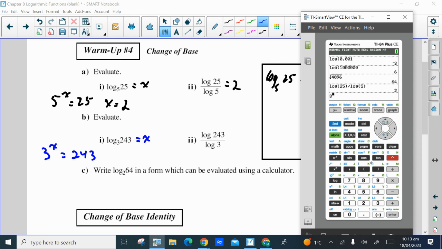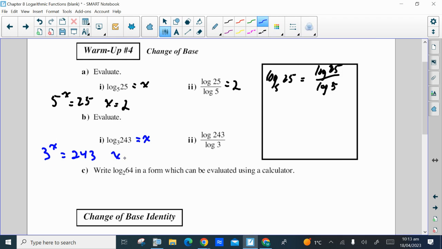If we try 3 to the power 3, well, that's only 27. 3 to the power 4 is only 81, but 3 to the power 5 is 243. So x equals 5.